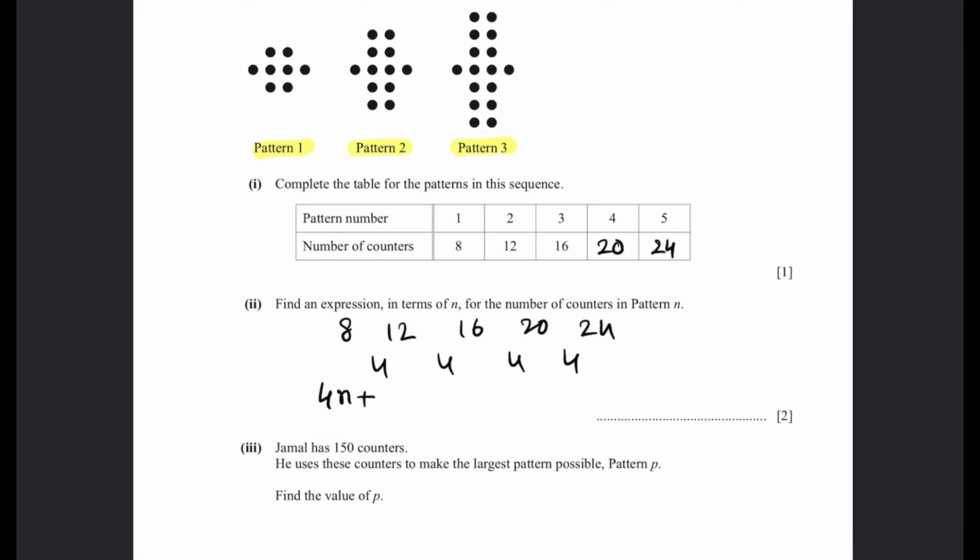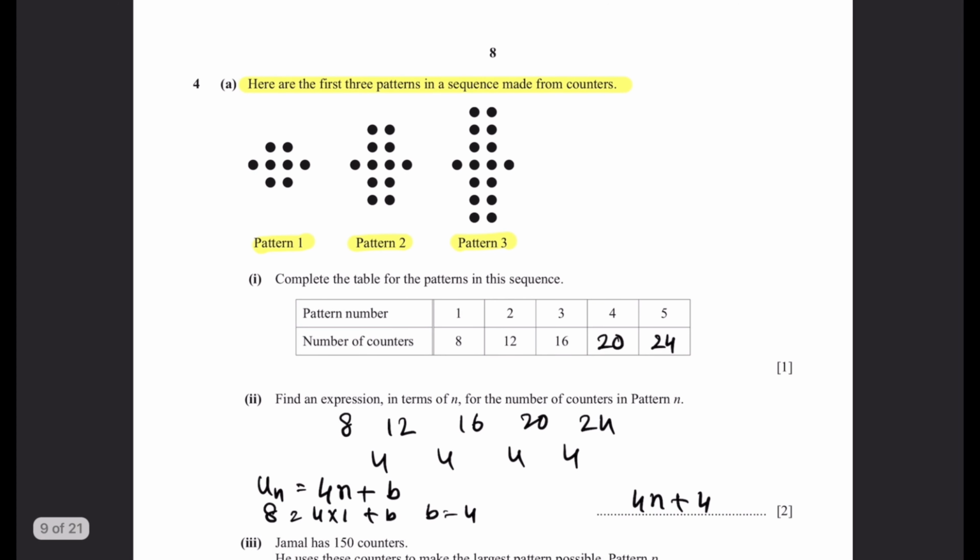So the nth term is 4n plus b. Now 8 equals 4 times 1 plus b, so b equals 4. So the nth term will be 4n plus 4.